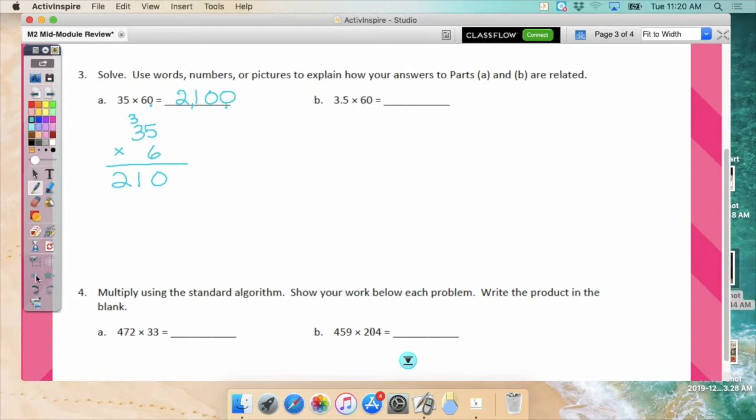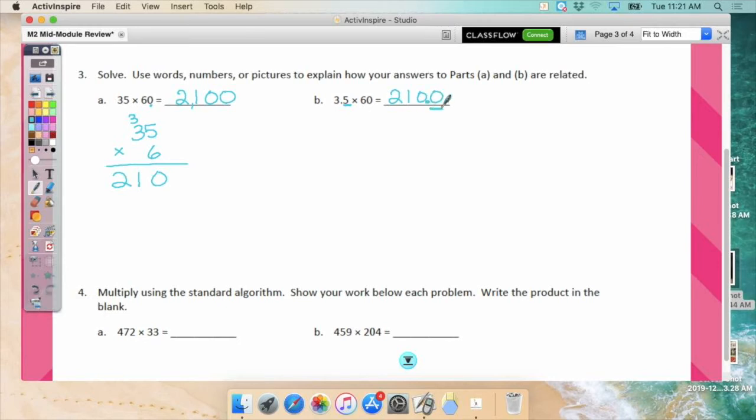Okay, so I'm going to take that dot off of there so it doesn't mess us up. So this one's going to be 2100. But this is 3.5. So how many decimal place values? Okay, so I'm going to do 2100. Then I'm going to place the decimal. Then I'm going to hop it once. If you don't want to do it the hop way, just erase that, or I could just place the decimal there, right?